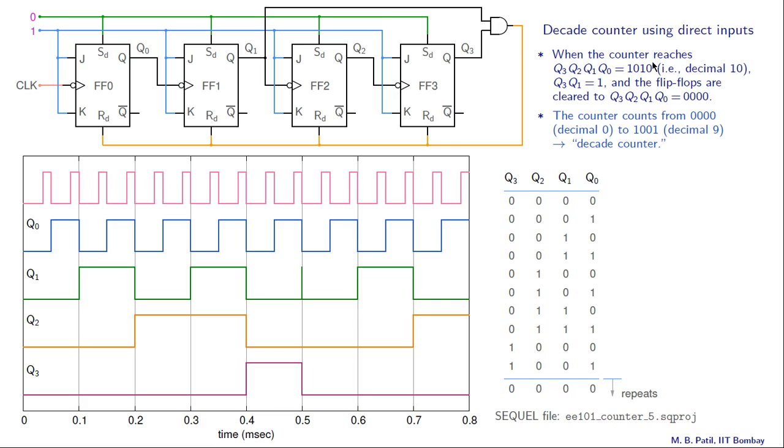When the counter reaches Q3, Q2, Q1, Q0 equal to 1 0 1 0, that is decimal 10, Q3, Q1 becomes equal to 1 and the flip-flops are cleared to 0 0 0 0. So that means this state is never reached, and therefore the counter counts from 0 0 0 0 decimal 0 to 1 0 0 1 decimal 9, and that's why it is called a decade counter.